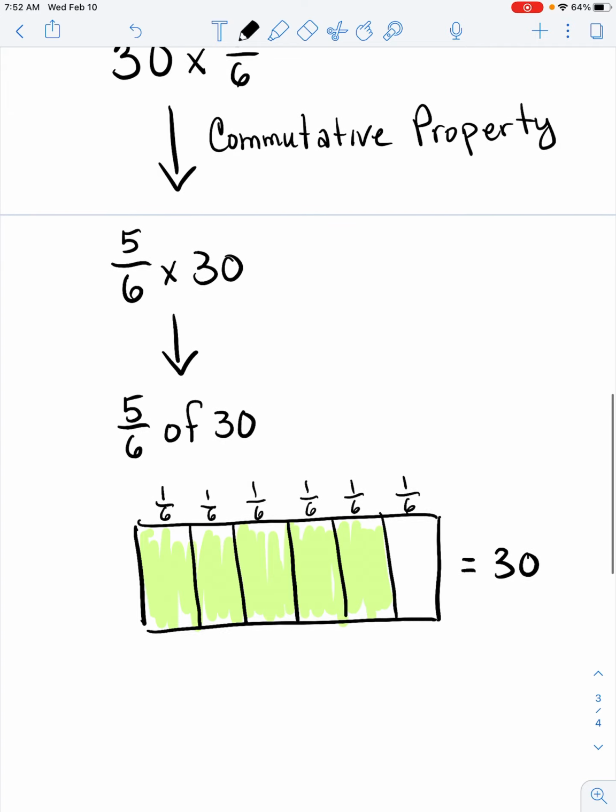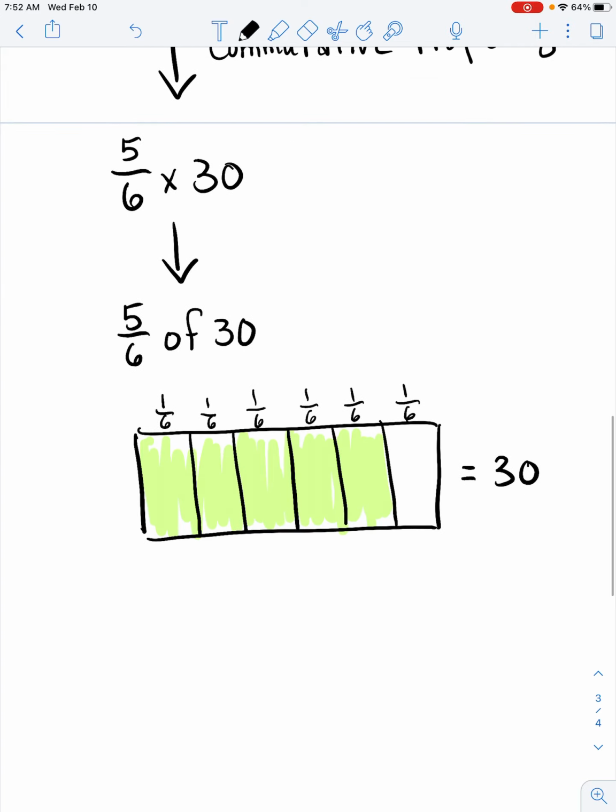Okay, now let's figure out what our product is. So I have 30. All the boxes have to be the same, so I have to divide that 30 by 6. And 30 divided by 6 is 5. And if you want to make sure, as you label the boxes, you can count by 5s: 5, 10, 15, 20, 25, 30. So the total here is indeed 30. I have 5 of them shaded.